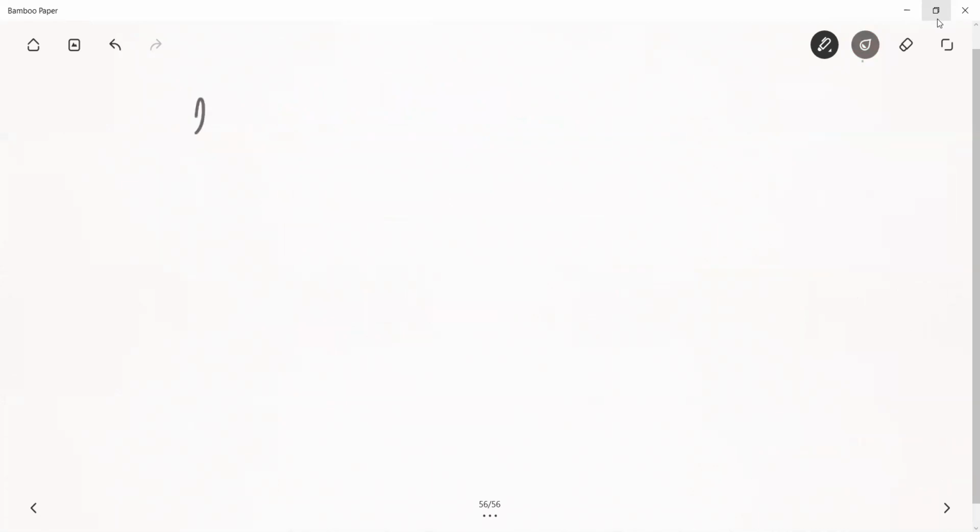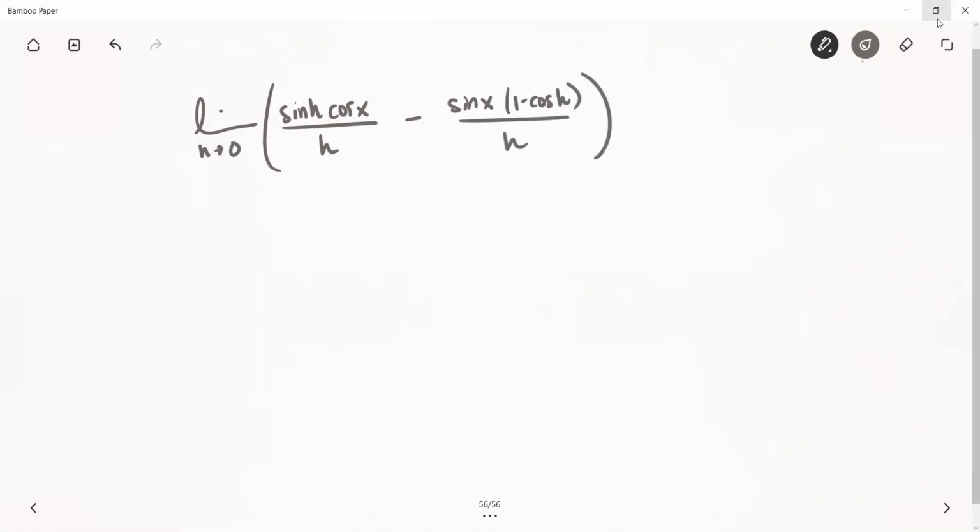I'm hoping that you all can see it. So if I have the limit of this minus this, right? I can think of that as two separate limits. Limit as h goes to 0 of this thing minus limit as h goes to 0 of this thing.